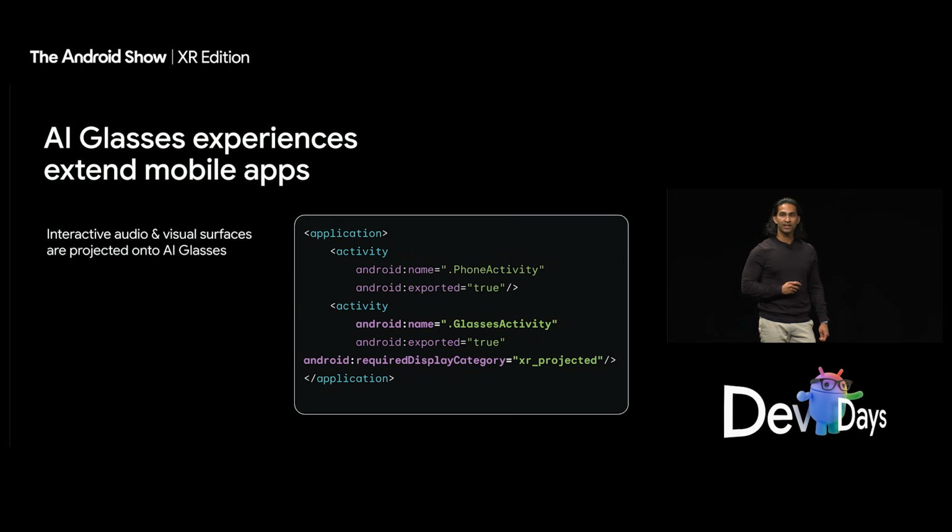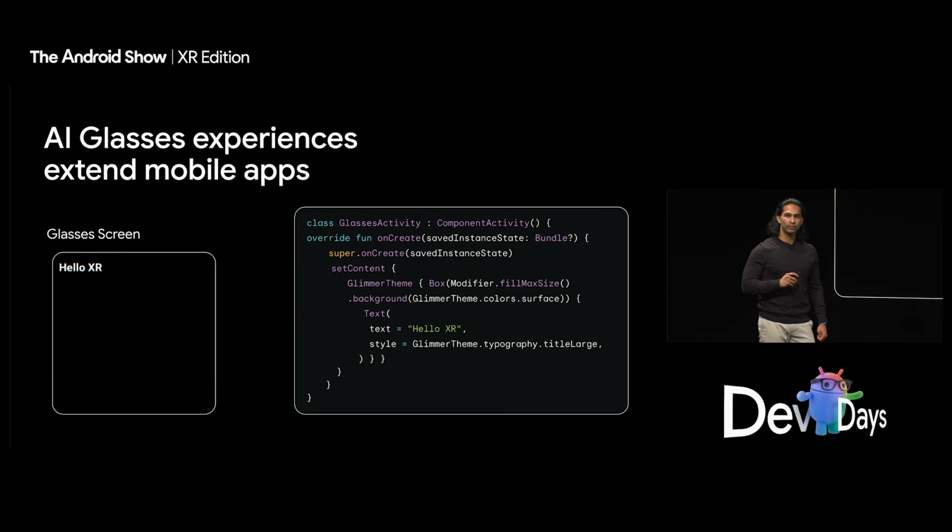As you can see, a glasses activity component is exactly the same as a phone activity component when declared in the Android manifest file, besides an extra annotation that identifies these activities as projected activities.